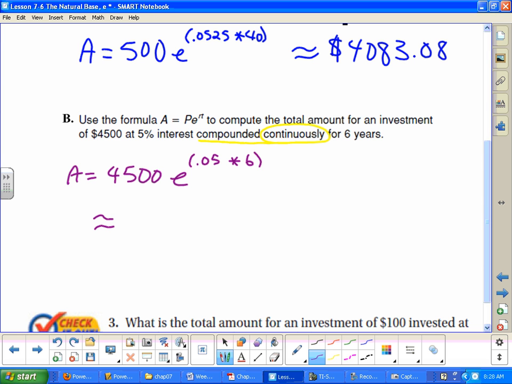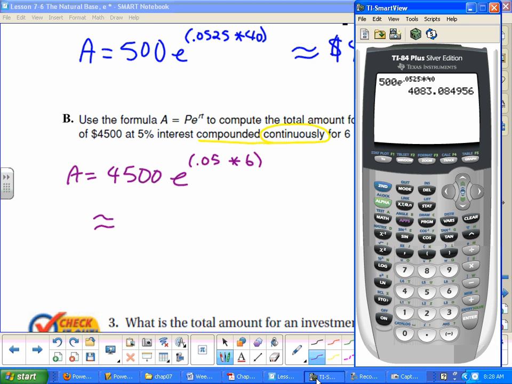So we would have 4,500 e raised to the 0.3 power, right? And so approximately $6,074.36.